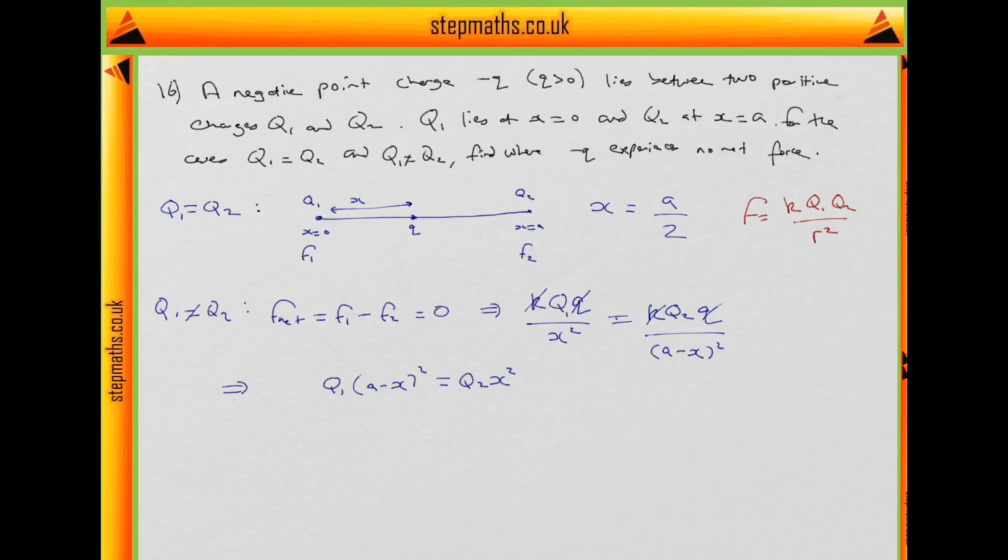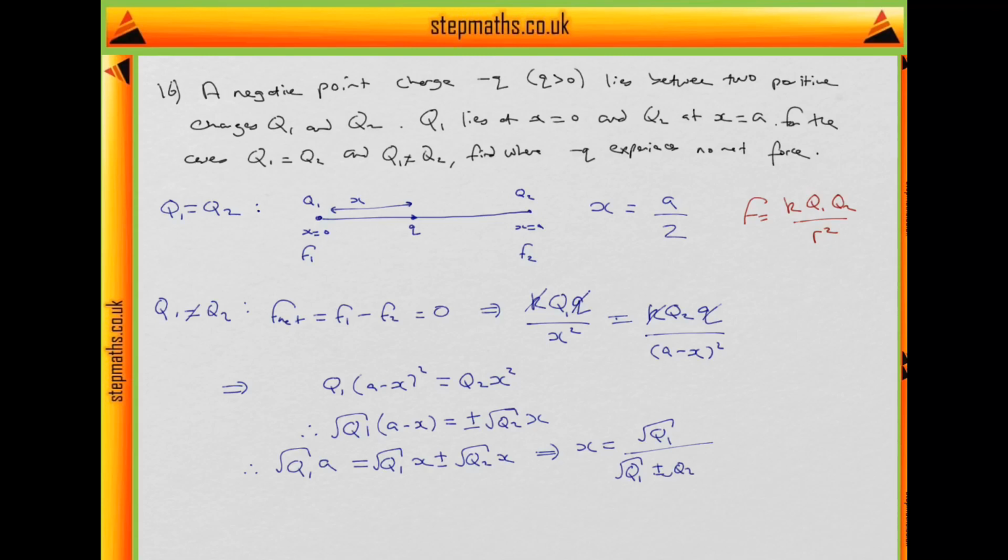So if we square root both sides, we see that the square root of Q1 times (a minus x) is equal to plus or minus the square root of Q2 times x. Therefore, square root Q1 times a equals square root Q1 times x plus or minus square root Q2 times x, which implies that x is equal to the square root of Q1 over the square root of Q1 plus or minus the square root of Q2, all times a.